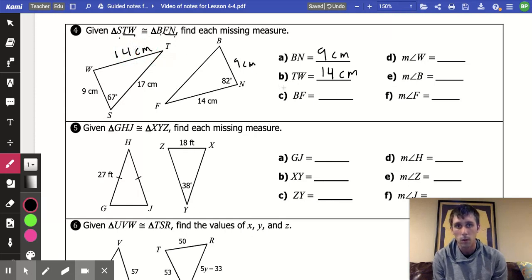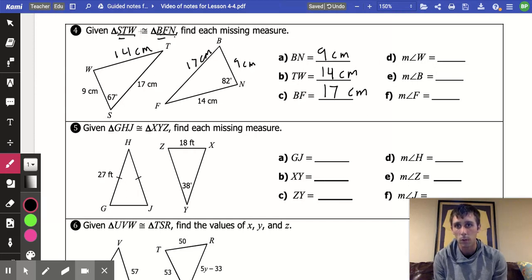The next one is BF. BF is the first two. So what is the first two in the other triangle? ST. What is ST? ST is 17 centimeters, so that means BF is 17 centimeters.